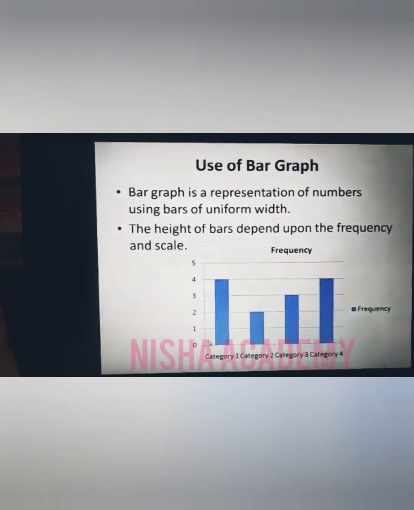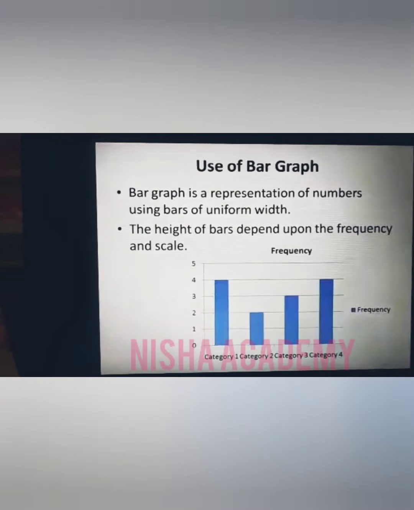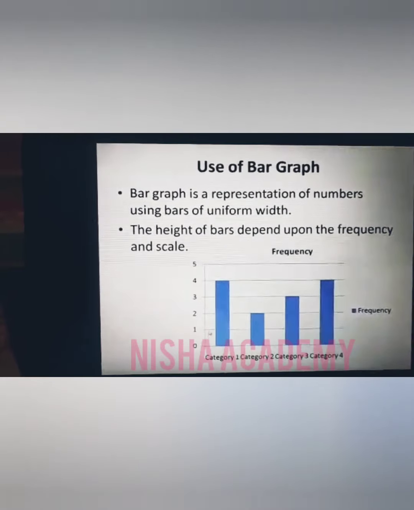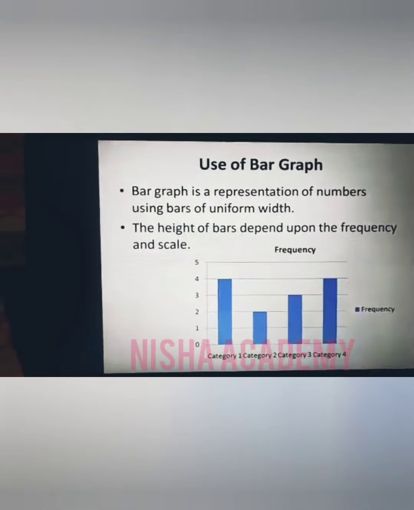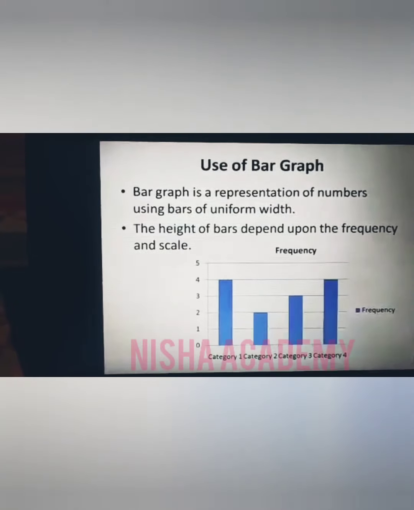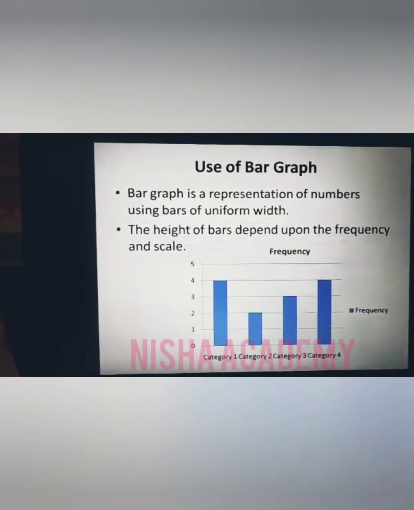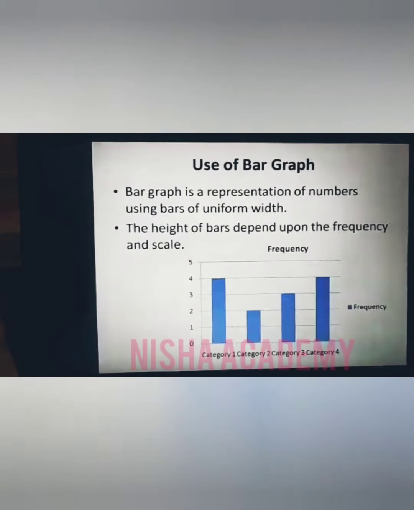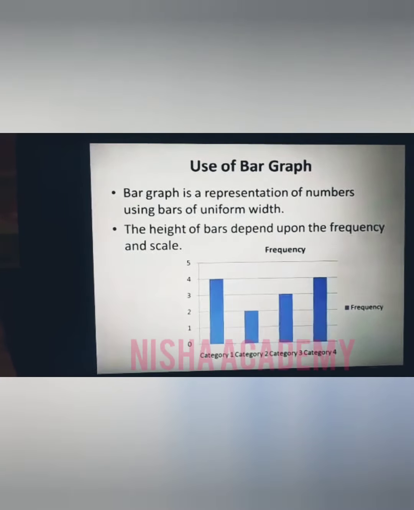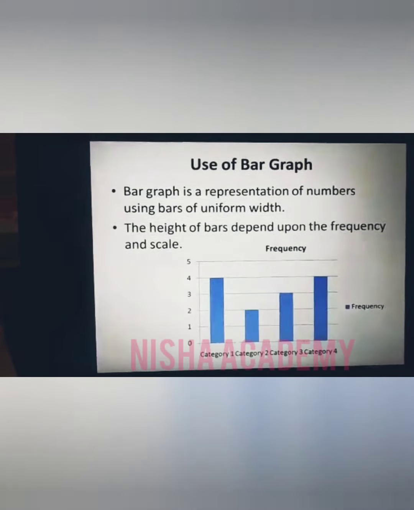On the basis of that you decide the scale, that 1 centimeter will be equal to how much? 10 marks, 10 books, 10 degrees Celsius, anything. You can take a scale of anything. It depends upon the frequency of the data. This will be clear to you with the help of an example.